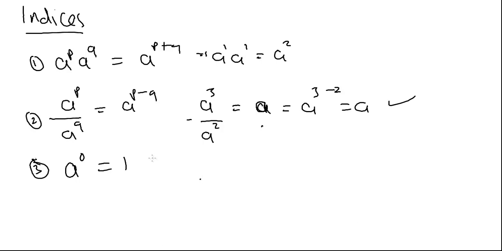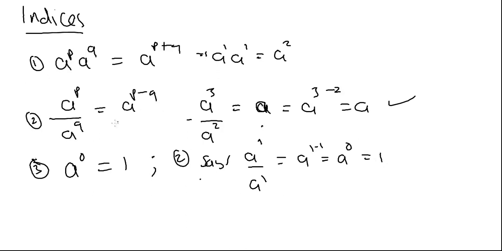So put it here. So rule 2 says a to the power of 1 over a to the power of 1. So p is equal to 1 and q is equal to 1. That's a to the power of 1 minus 1, which is equal to a to the power of 0. So then what's a divided by a? Well, that's equal to 1.